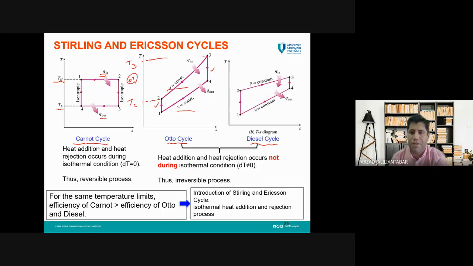Same for the diesel cycle. If you notice here, if we want to have that maximum thermal efficiency, we need to have this isothermal process. But here you can see instead of this isothermal process, we have a constant pressure process. This one is the same: the process from state 4 to state 1 is similar in the diesel and Otto cycles. So you can see we have a temperature difference during this process.